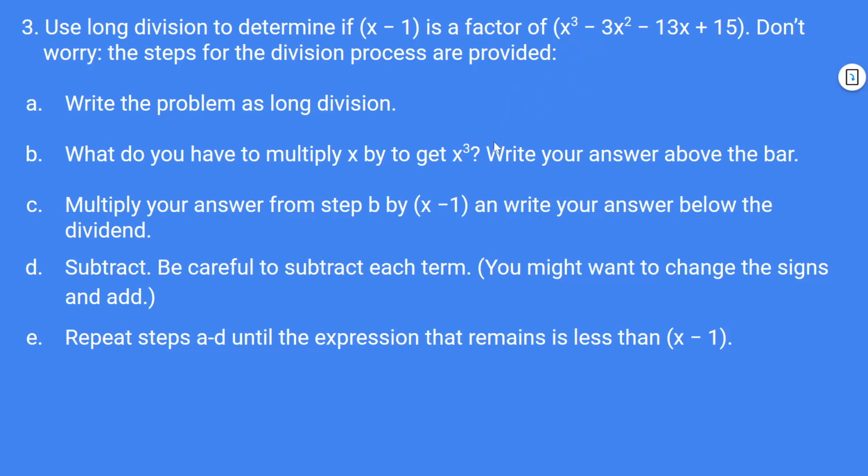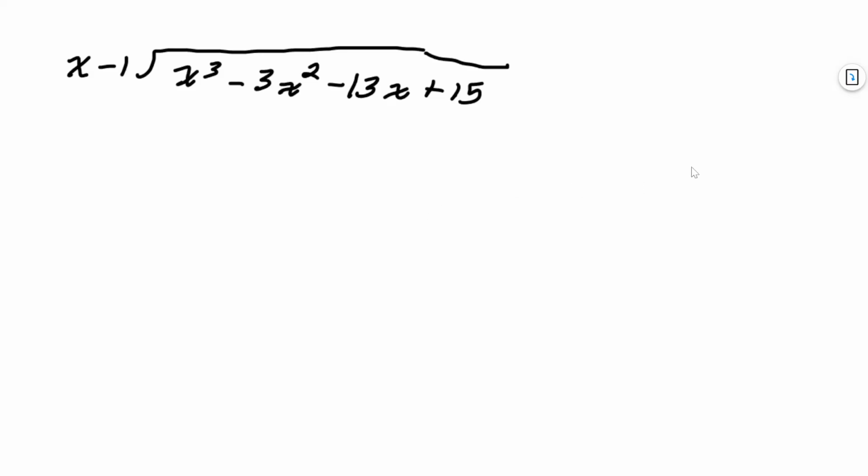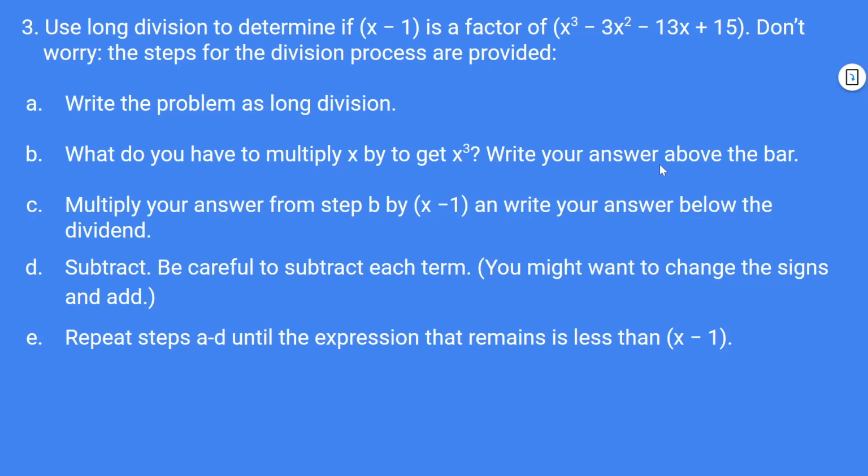Once we write that number, we'll multiply that item by the factor x minus 1, or the binomial x minus 1, and write it below the dividend. So the dividend is going to be this cubic polynomial that will be written inside that long division symbol.